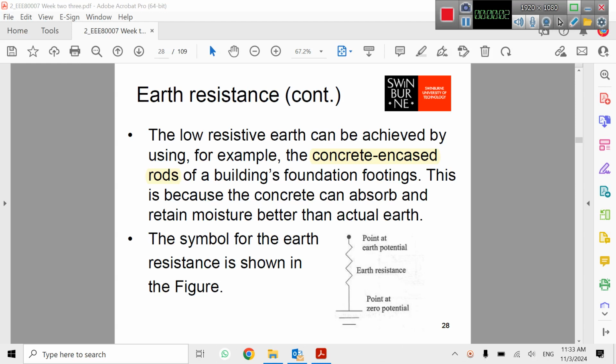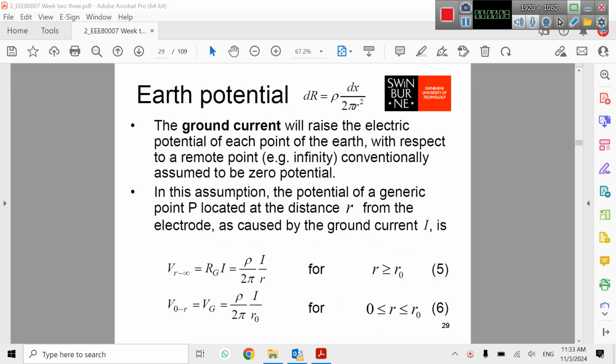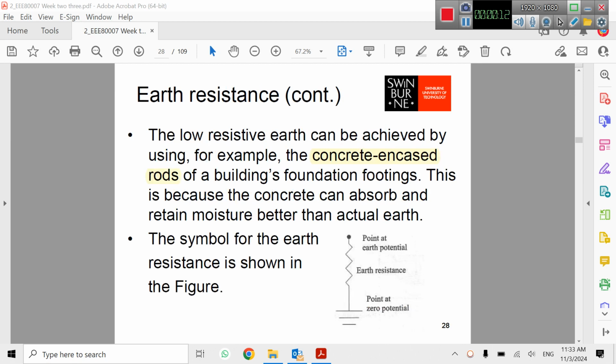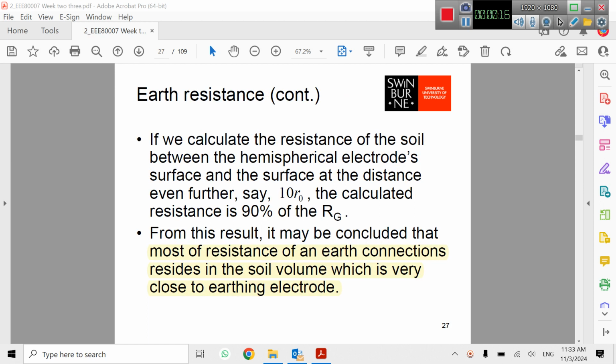Continuing the earth resistance evaluation and the earth potential, in the last session we found out that if we go far away from the electrode 10 times, the Rg, which is the ground resistance, reduces by 90%.